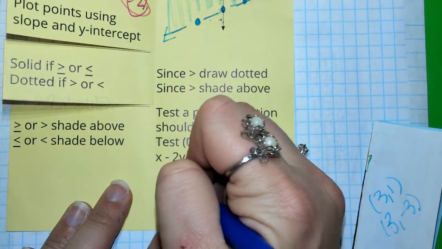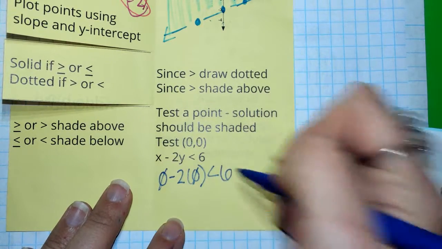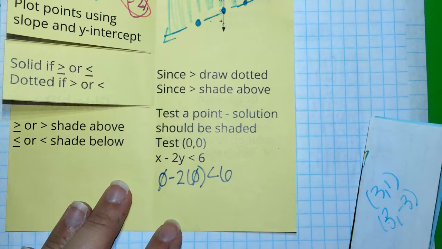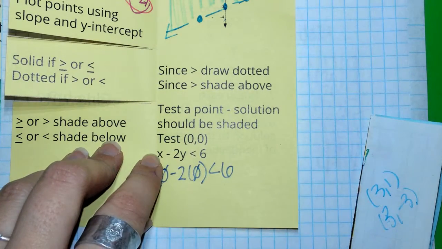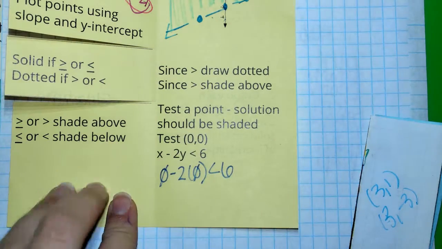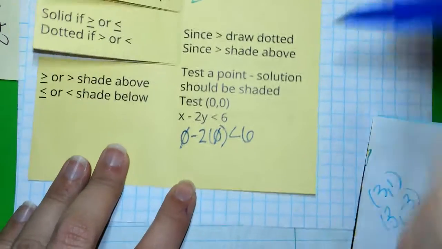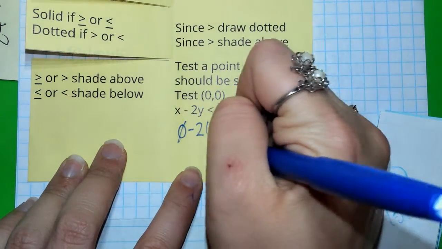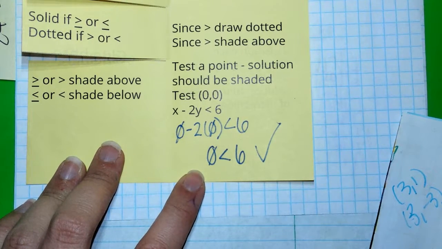So everybody write 0 minus 2 times 0 is less than 6. Now, the reason we did that is because we're testing this point. So we plug in 0 for x, 0 for y, because those are x and y. Now, what is 2 times 0? 0. What is 0 minus 0? 0. Is 0 less than 6? Yes. Boom, it worked.